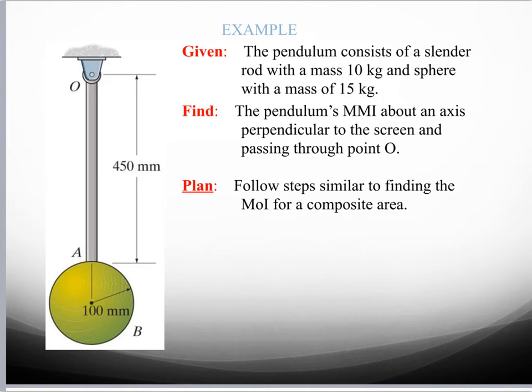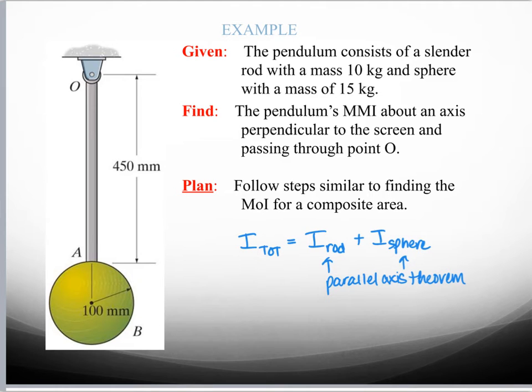So in this particular object, we have a rod and then a sphere, so it's a composite object, and so the overall moment of inertia is going to be given by the moment of inertia of the rod plus the moment of inertia of the sphere. But to find each of these, we're going to probably want to use the parallel axis theorem, because the axis of rotation is not through their centroid.